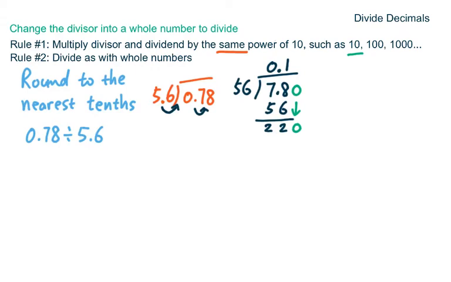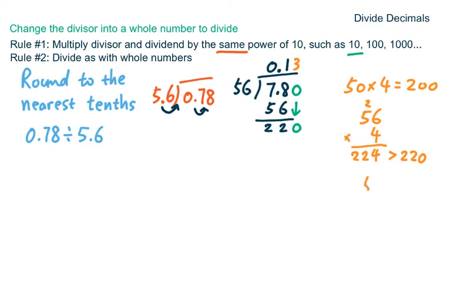And we have to think about how many 56 goes into 220. So if you think about this, 50 times 4 is 200. Maybe we can try 4 first. So 56 times 4, 4 times 6 is 24, 4 times 5 is 20, 20 plus 2 is 22. So it looks like this number is too big because it's greater than 220, so we need to multiply by 3 instead.